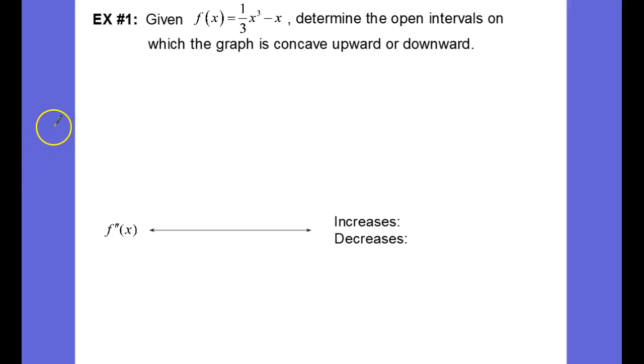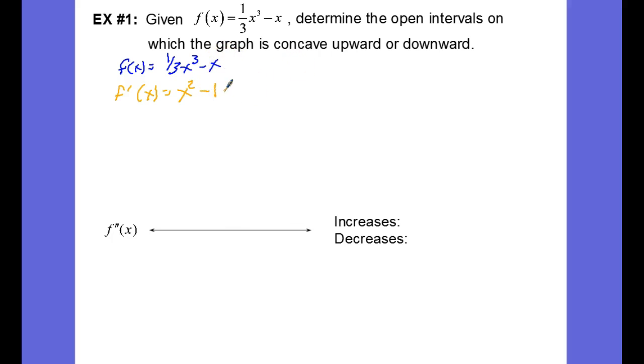Okay, so let's begin by taking the first derivative. So we have f of x is equal to 1/3 x cubed minus x, and f prime of x is going to be 3 times 1/3 is 1, x squared, power times base down 1, minus derivative of x is 1.